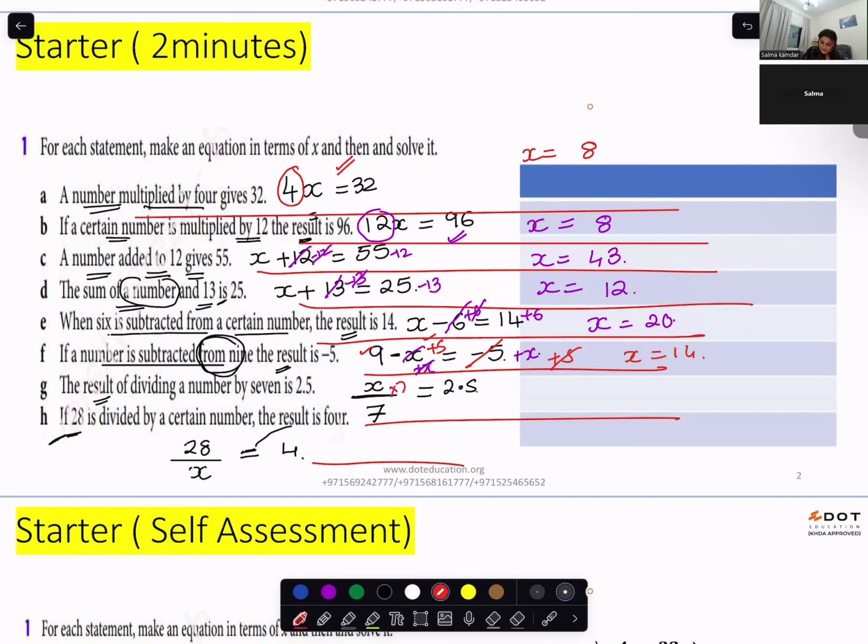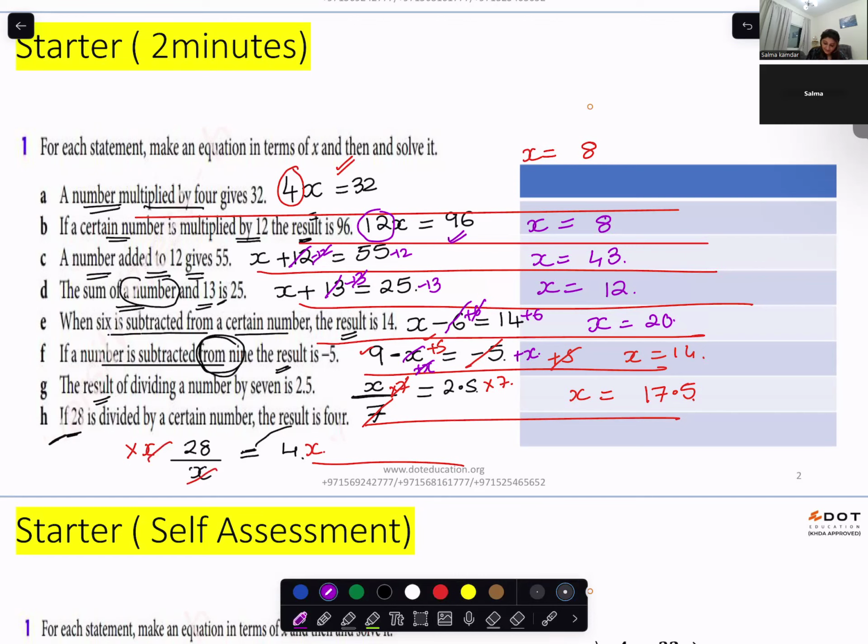I'm going to multiply both sides by 7. So I will get x is equal to 2.5 into 7. That is 17.5. Here I am going to multiply both sides by x. So I will get 20, x and x will go away.